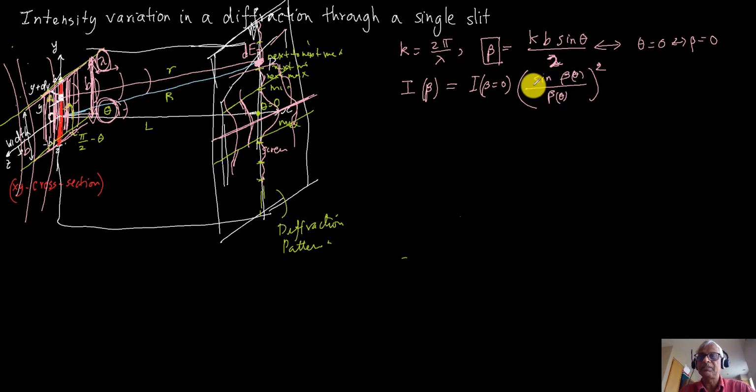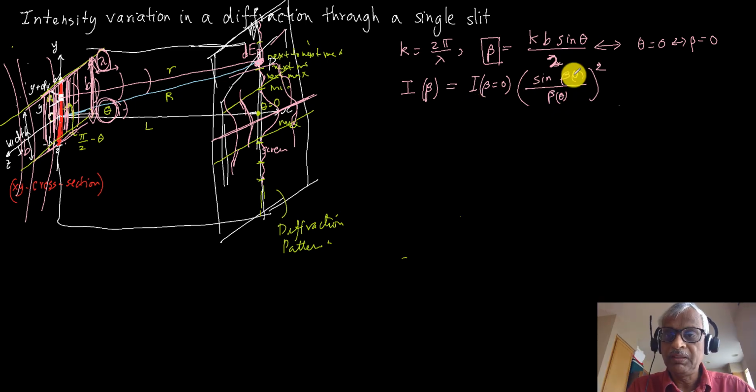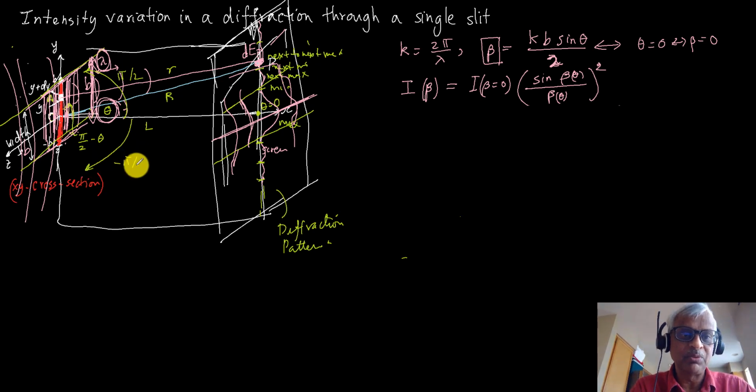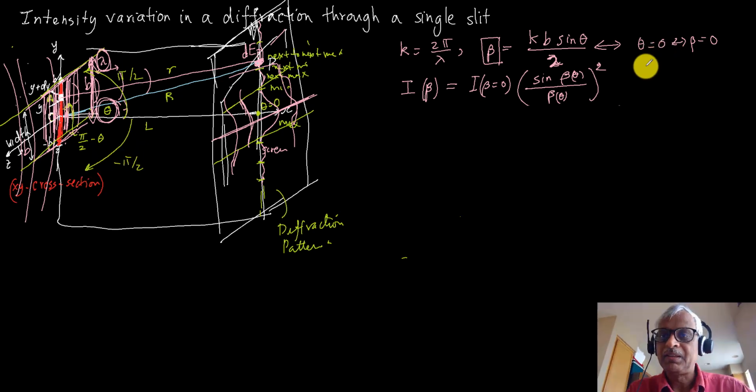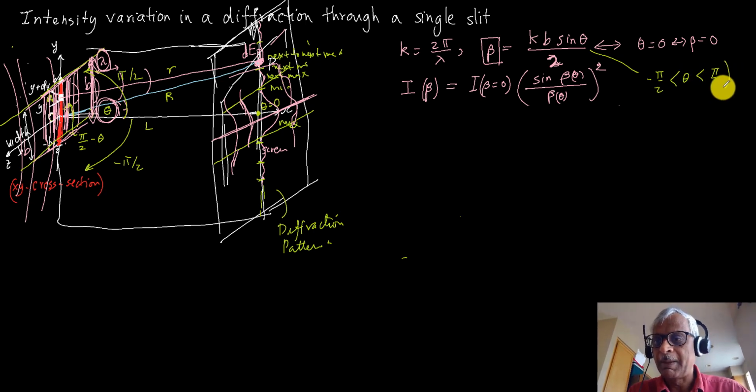So when theta varies, beta also varies, right? Theta can be at maximum plus pi over 2 on this side, and minus pi over 2 on this side. So theta is between minus pi over 2 and pi over 2.